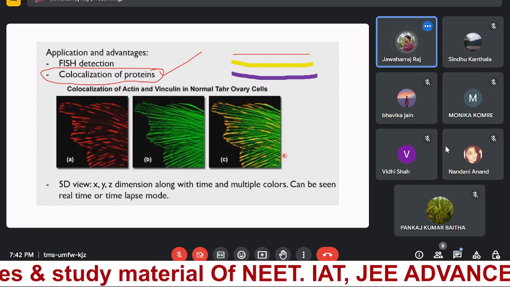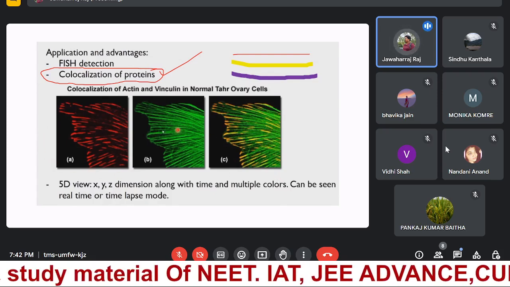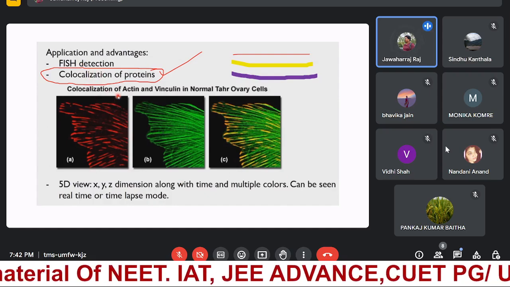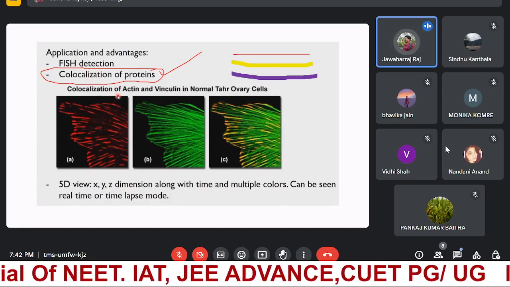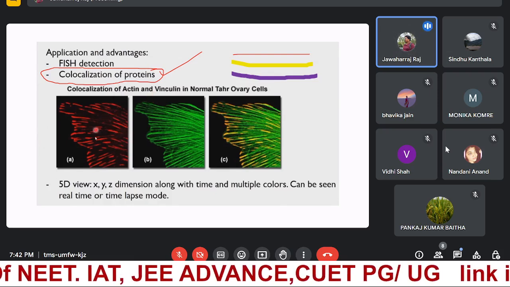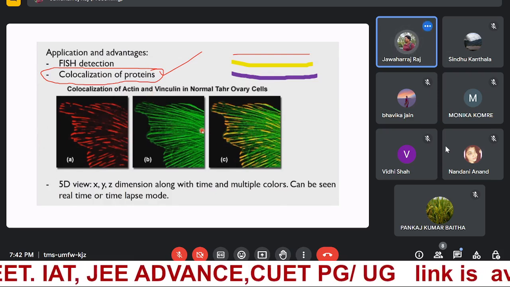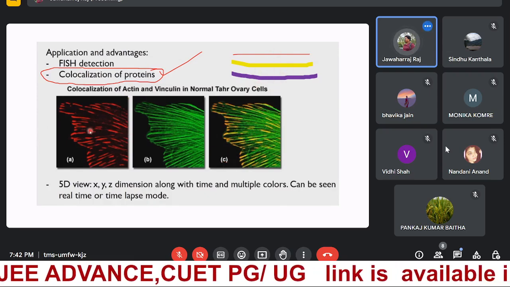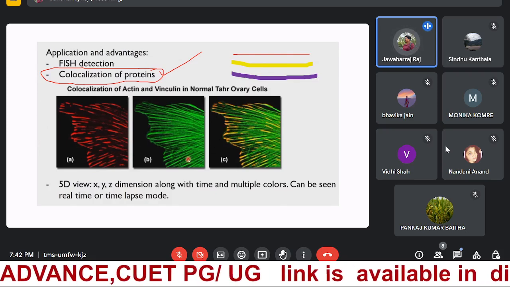You can see these three with the single image taken by the confocal microscope. That is the important aspect of confocal microscopy. With a single image, you can see the co-localization of proteins stacked one above the other, but differentiated as A, B, C.